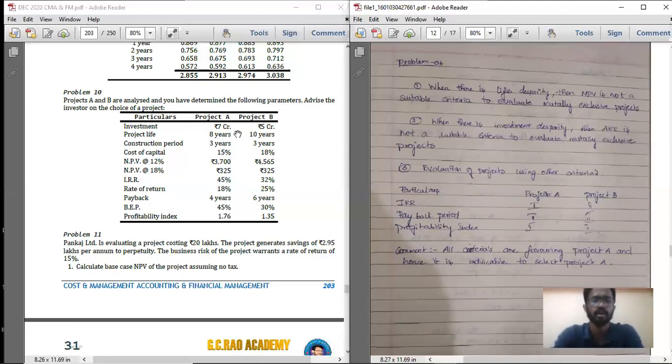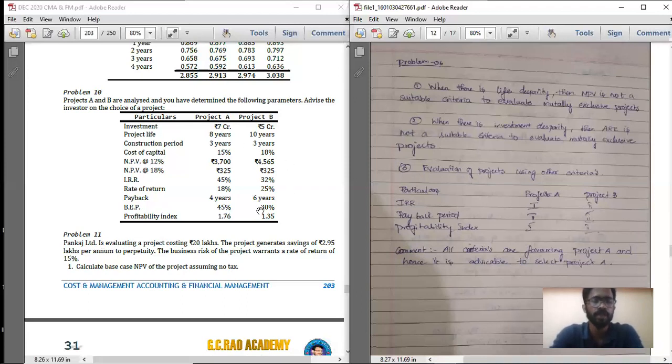Whatever your profit expectation is, if you divide it by the investment amount, you get ARR. So you cannot compare two different projects having different investments. So that is point number 2. When there is investment disparity, ARR is not a suitable criteria to evaluate mutually exclusive projects.